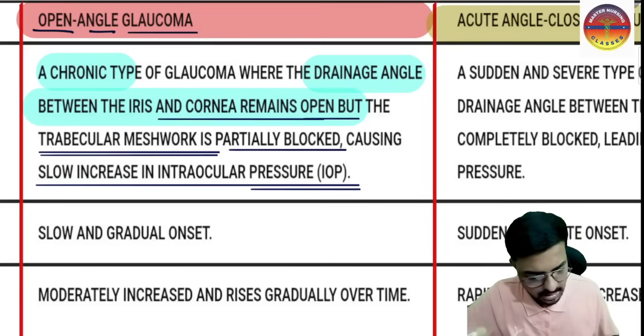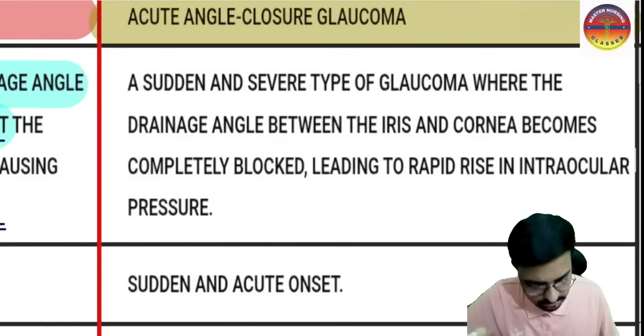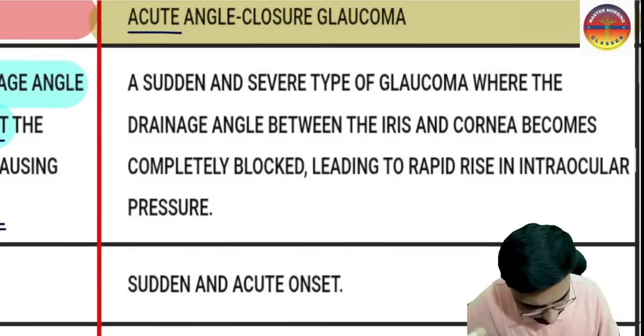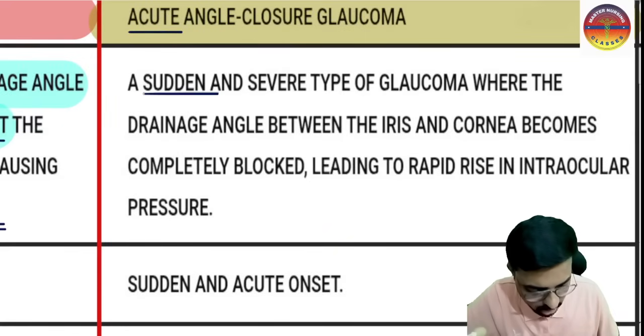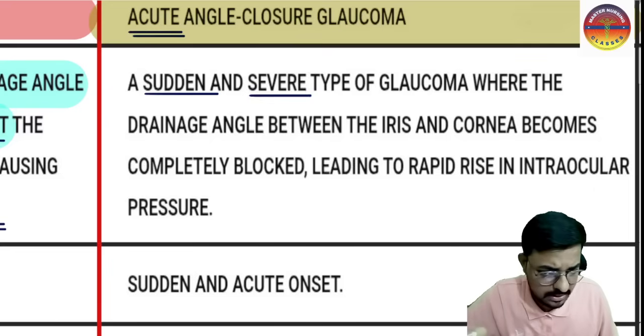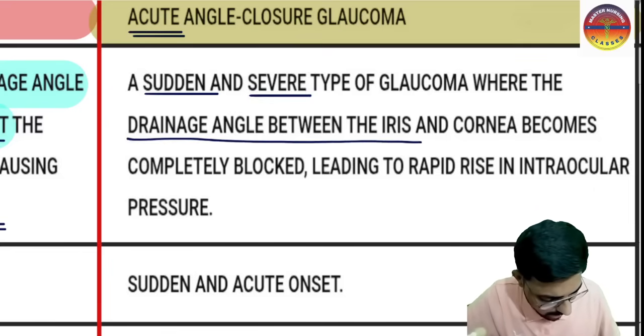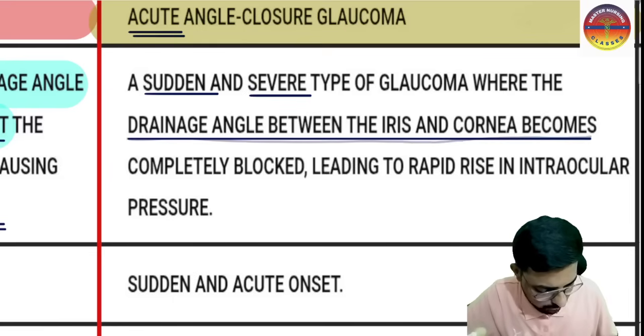And we have acute angle closure glaucoma. Acute means it is sudden, and it is severe. In this sudden and severe type of glaucoma, the drainage angle between the iris and cornea becomes completely blocked.